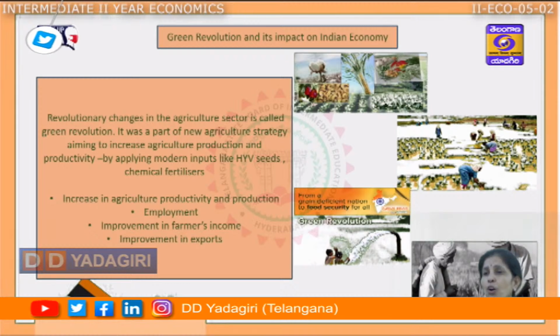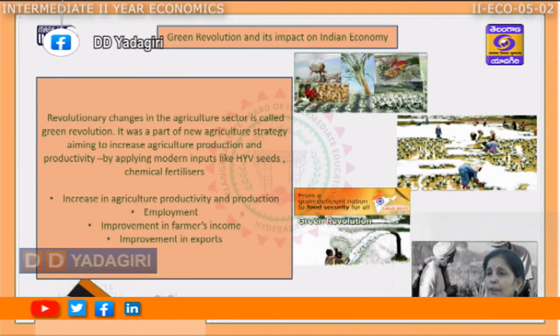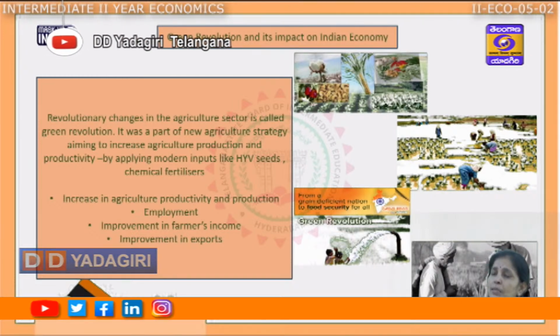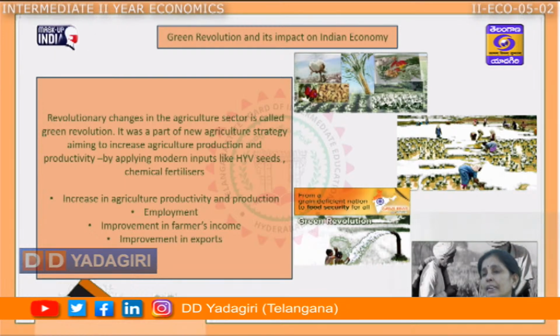Let us get more detail about these programs. IADP is the Intensive Agriculture Development Program, IAAP is the Intensive Agriculture Area Program, and HYVP is the High Yielding Variety Program. With the help of these innovative programs, there was more scope to increase agriculture production and productivity.